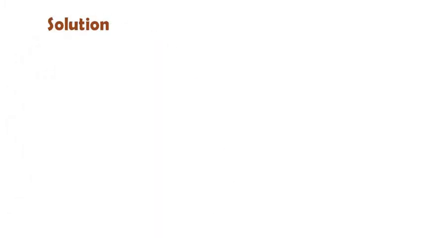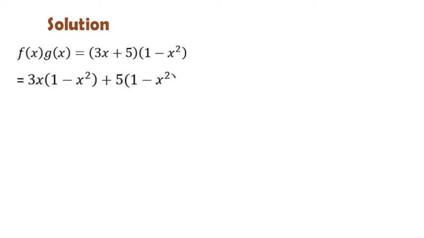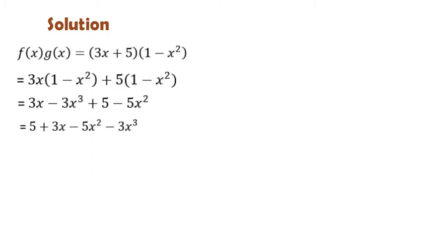Now, solution: f of x multiplied by g of x will give us 3x plus 5 being multiplied by 1 minus x squared. This will give us 5 plus 3x minus 5x squared minus 3x cubed.